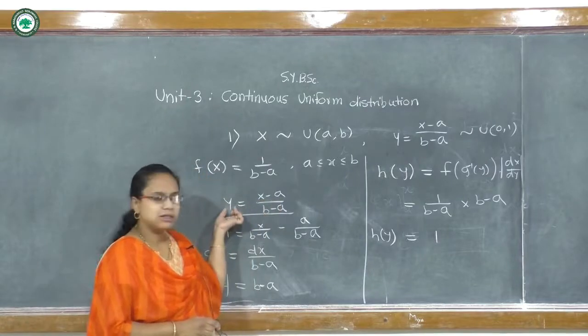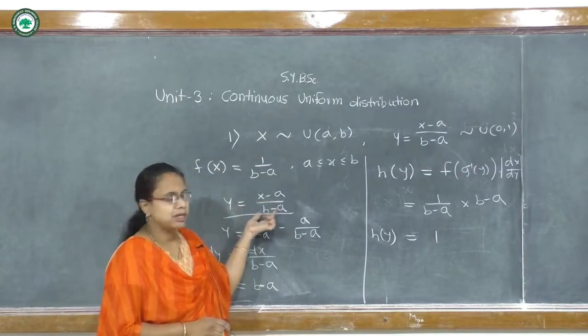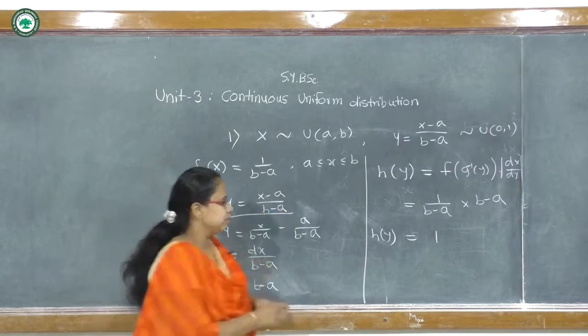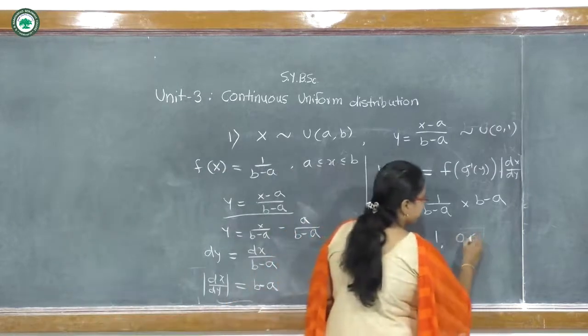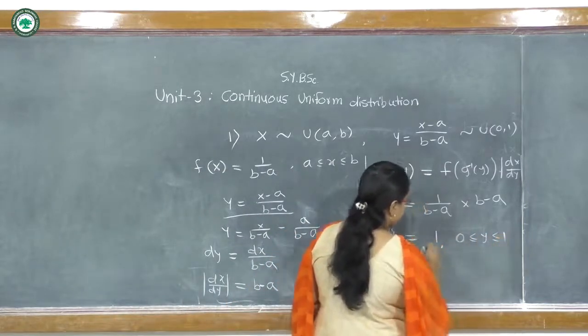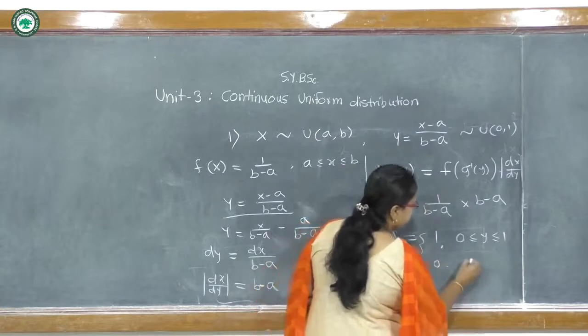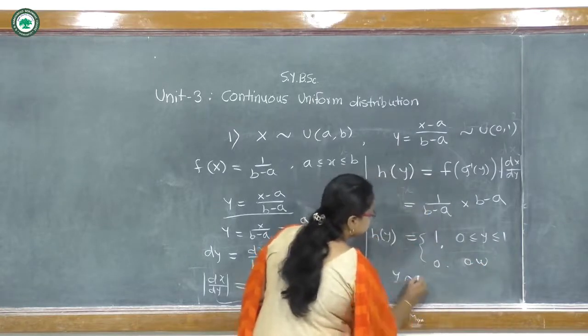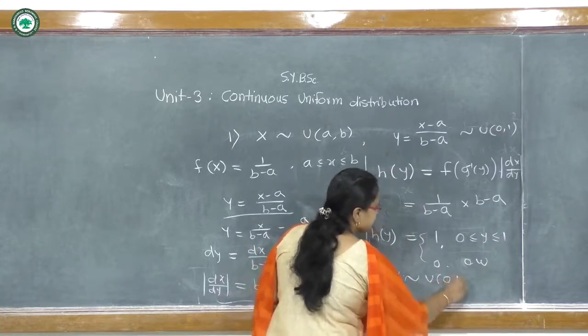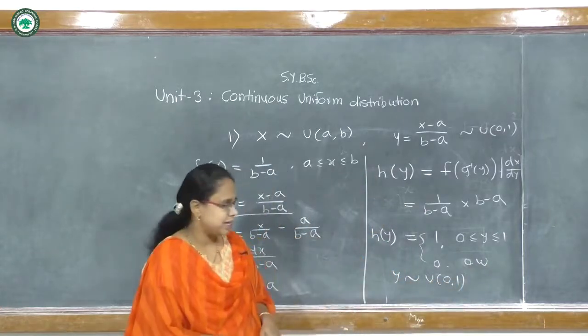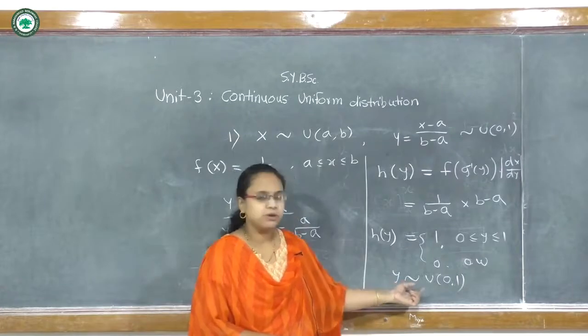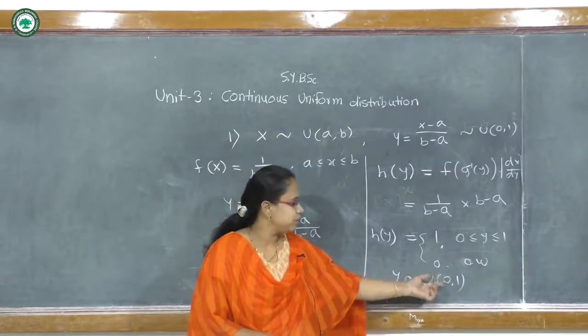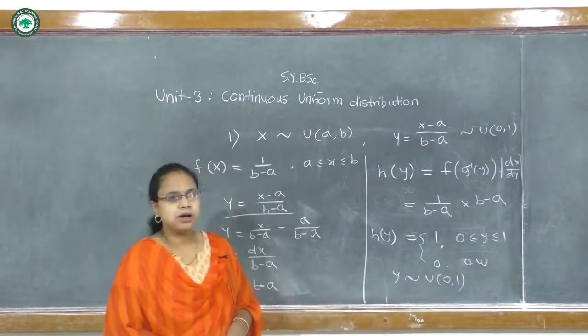So this Y variable lies between 0 and 1, and it is 0 otherwise. Hence the proof that Y follows the uniform distribution over the range 0, 1.